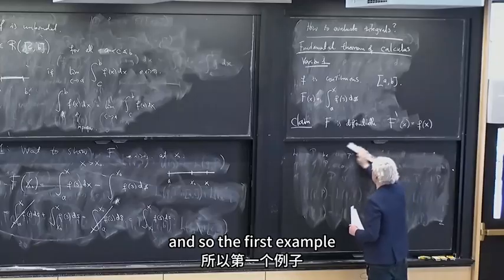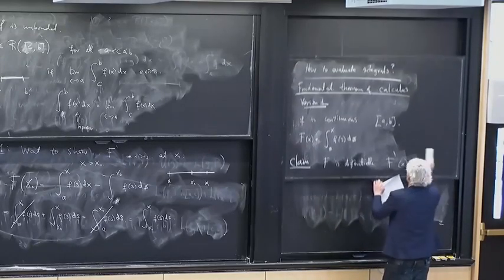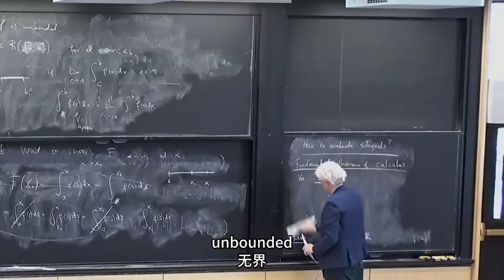And so the first two examples will be where the interval is unbounded.